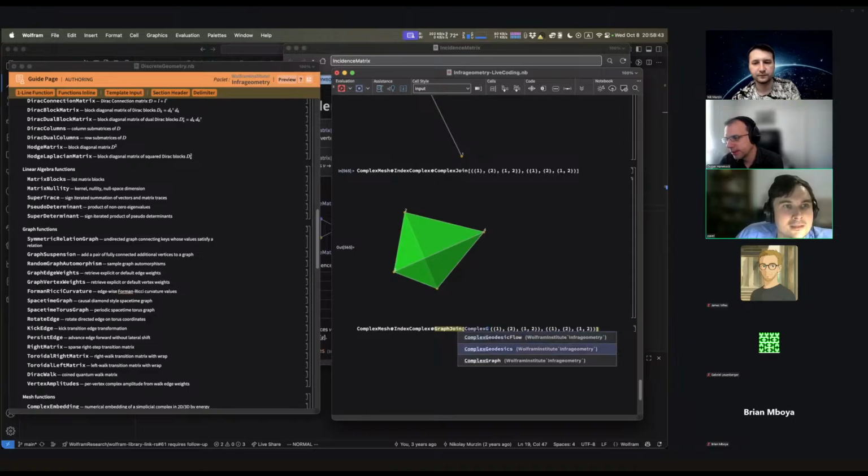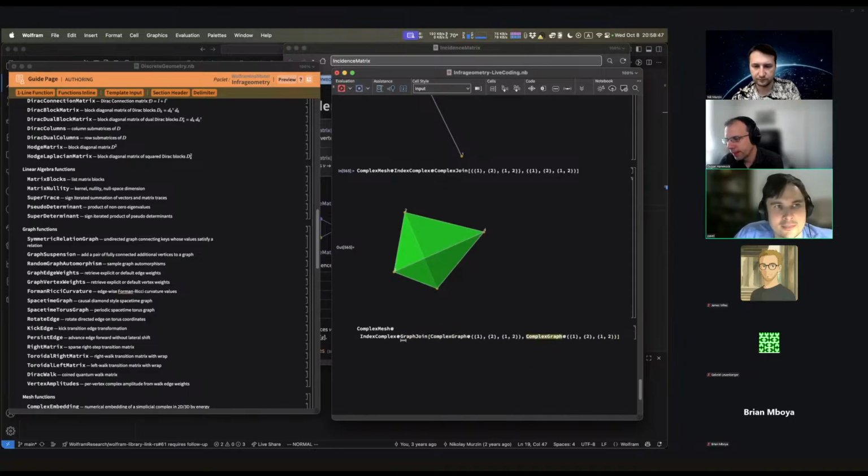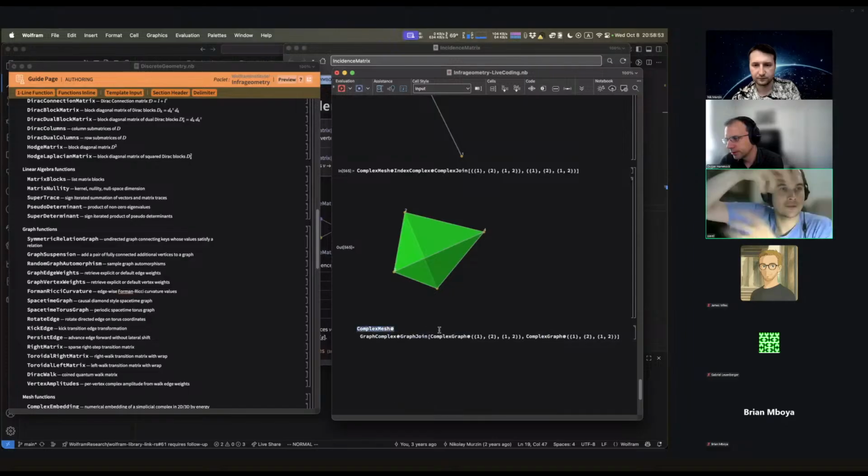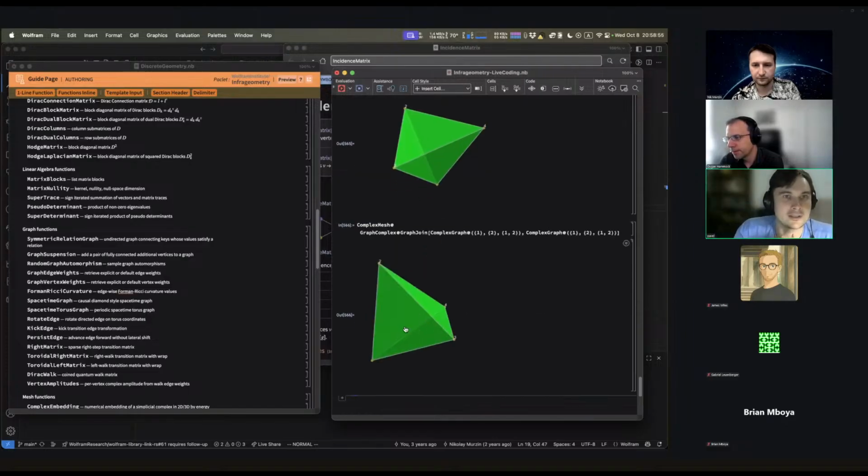Yes, it seems like he is taking one complex, another complex, and then adding all possible joins between their simplices. And this is not a Cartesian product.